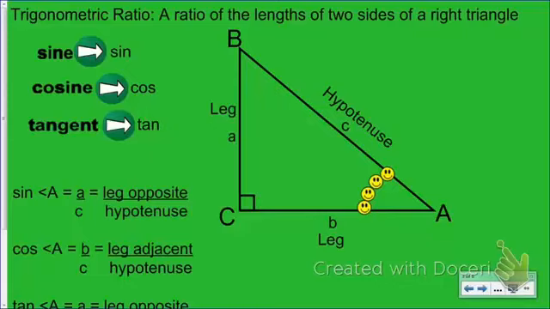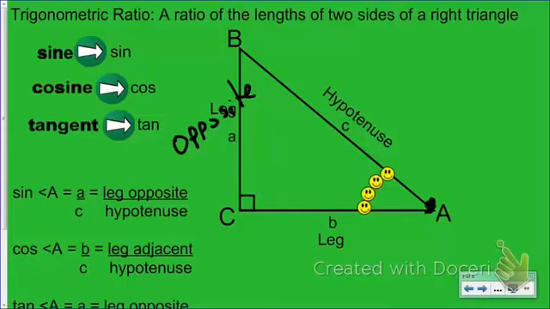So in all these problems, we're going to start at a certain corner. So I'll give you an example here. If we started at corner A, the side across from corner A would be called the opposite side. Okay, easy to remember. It's on the opposite side of the triangle from this corner.